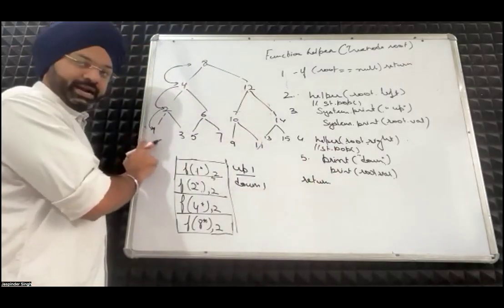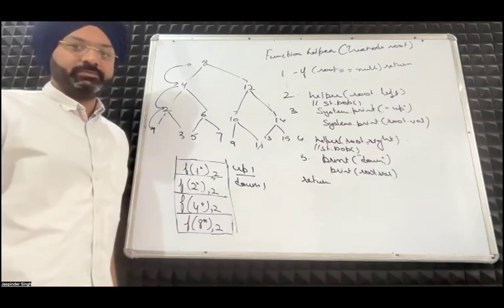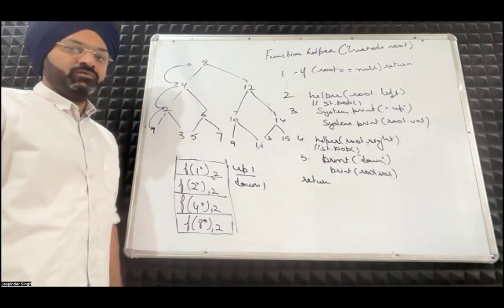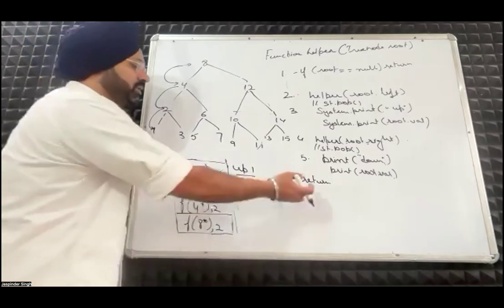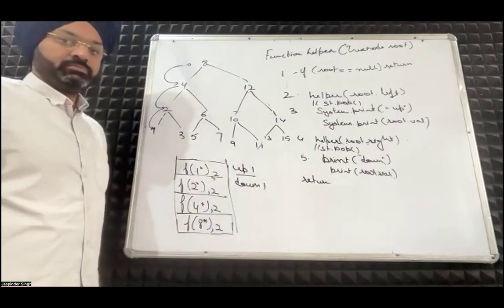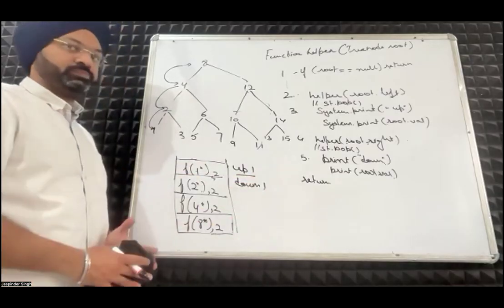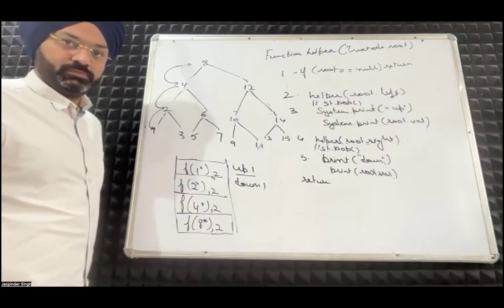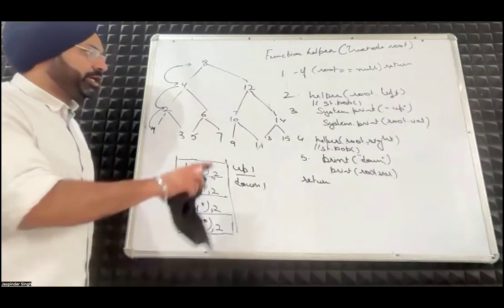Left of 1 is done, right of 1 is done. Left recursive call is done, right recursive call is done. Function call on 1 is complete. Means return happens. Return will return to which place? Return to the previous call.